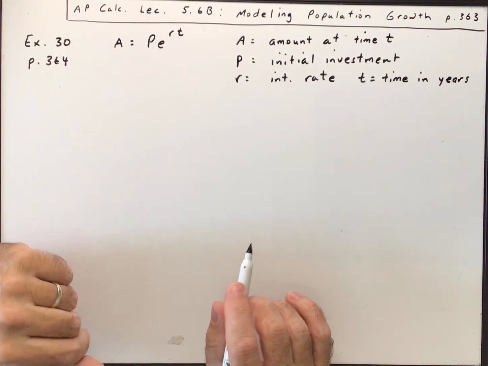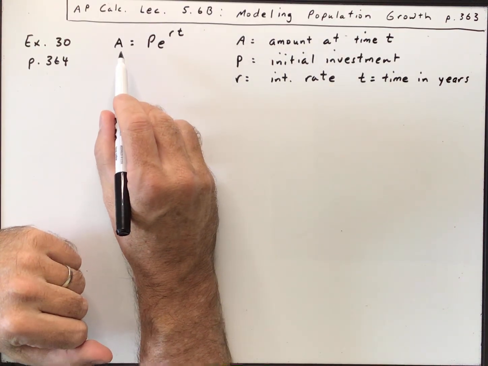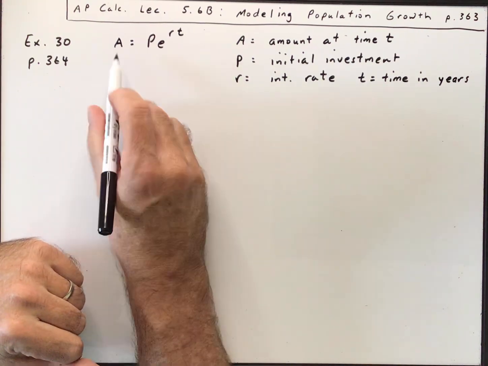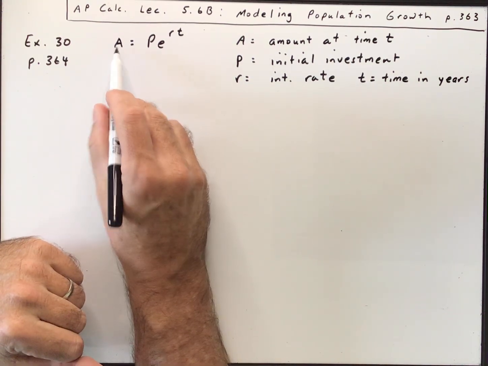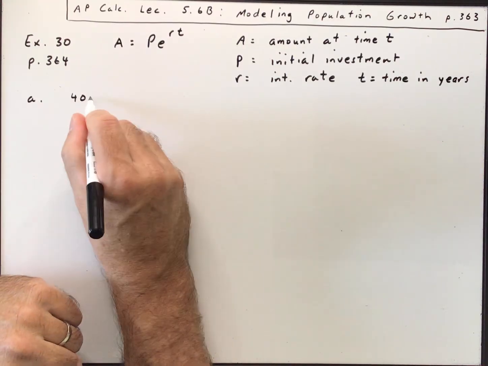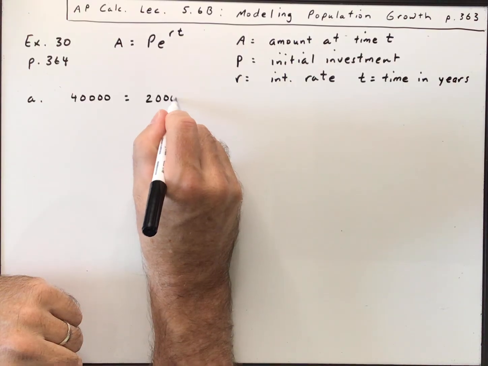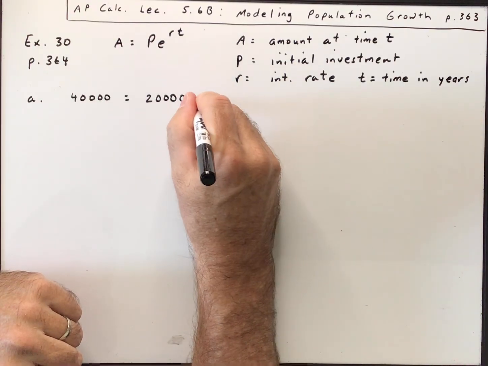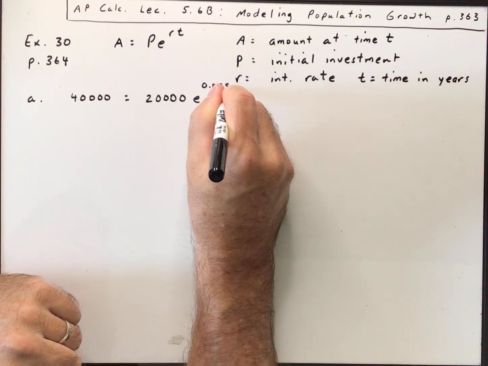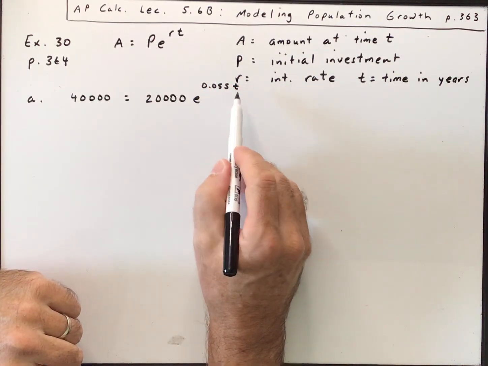Okay, so our table says our initial investment's $20,000. So if we want to get the time to double, and we have the rate, we know that the doubling amount would be $40,000. So this is part A. So $40,000 is equal to 20,000 e to the 0.055 times t. All right, sorry about squishing it in there.